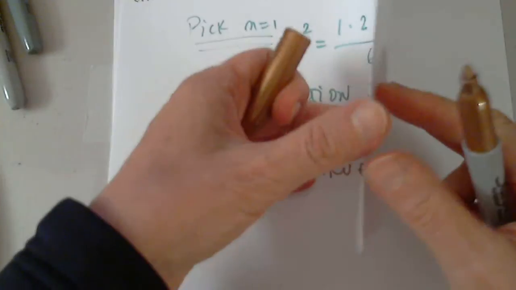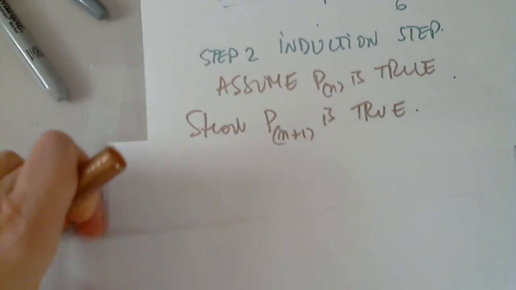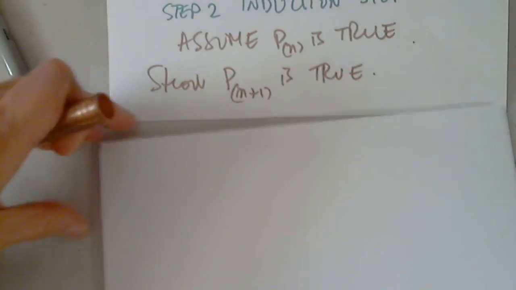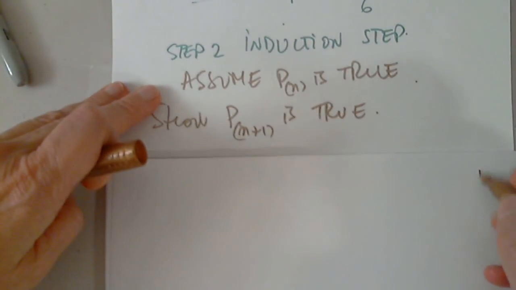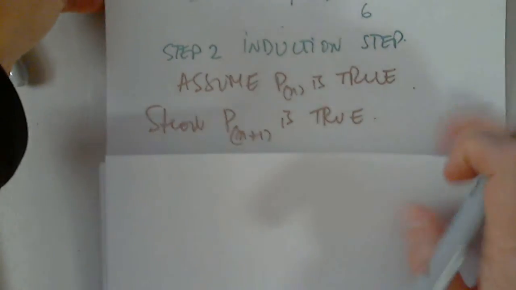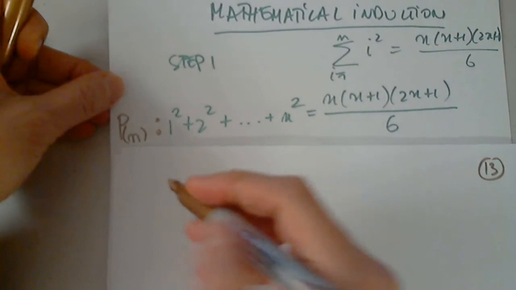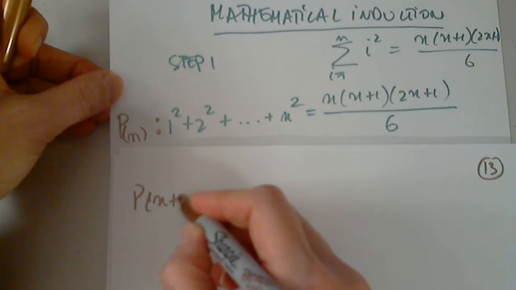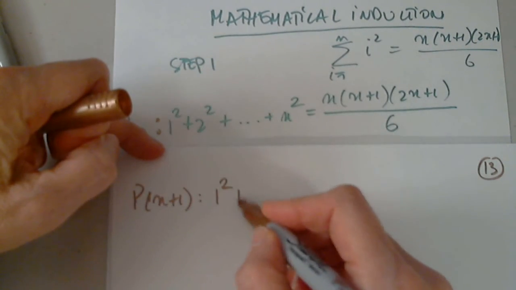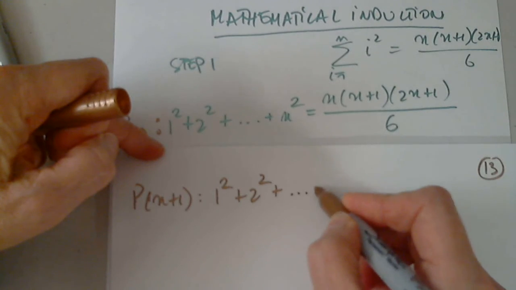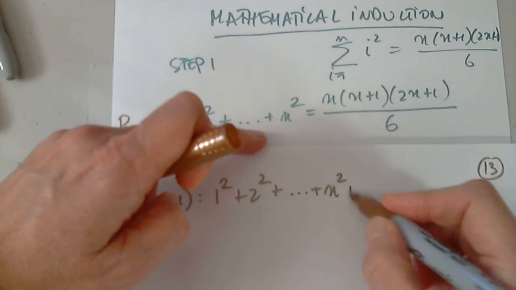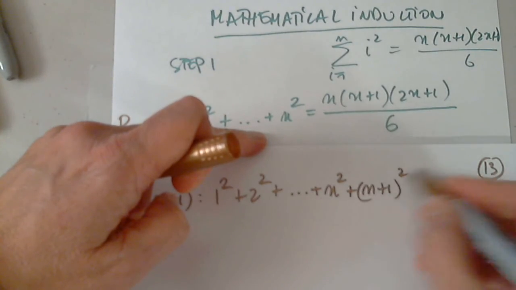So what does Pn plus first mean? Pn plus first is a statement with n plus another term. So from here, I will have Pn plus first is 1 squared plus 2 squared plus dot dot dot plus n squared plus n plus first squared.